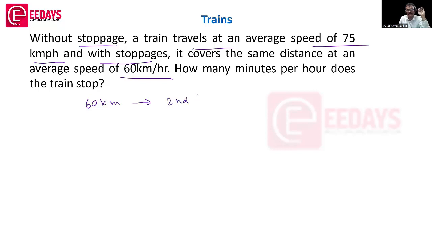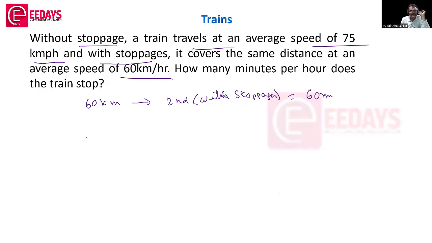Second, that is nothing but with stoppages. That is equal to 60 minutes or not? That is equal to 60 minutes. 60 kilometers, 60 minutes. Suppose what about without stoppages? This is with stoppages. Okay, now what about without stoppages? So how much time is required?